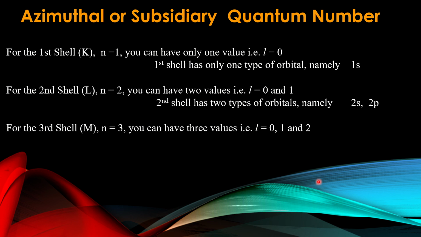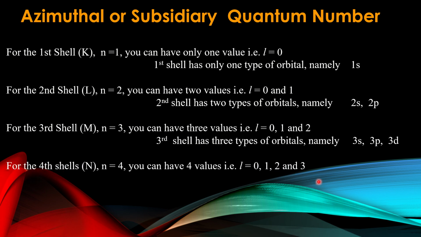For 0, there is s type of orbital. For 1, there is p type of orbital, and for 2, there is d type of orbital. All these orbitals are present in the third shell. So the third shell has three types of orbitals, namely 3s, 3p and 3d.